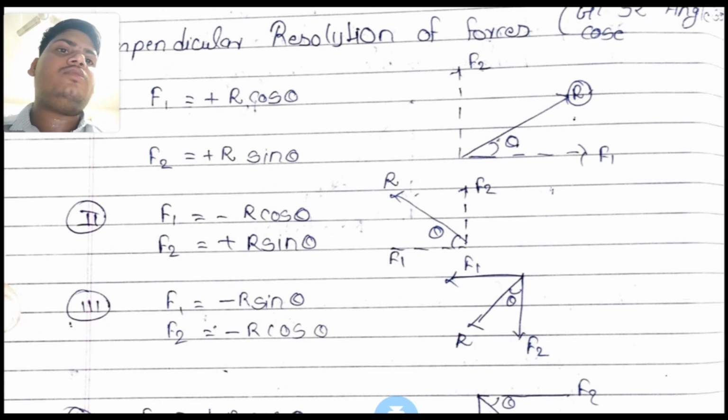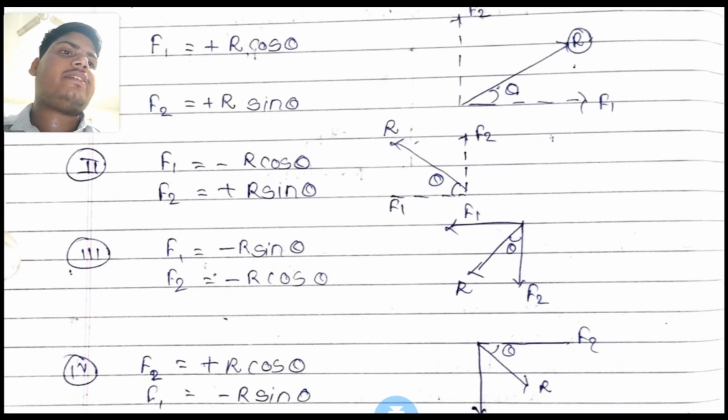If there is an angle, use cos theta, and if there is not an angle, then use sin theta. Second diagram, F1 F2 anticlockwise from horizontal, theta is given, then F1 equal to minus R cos theta and F2 equal to plus R sin theta.